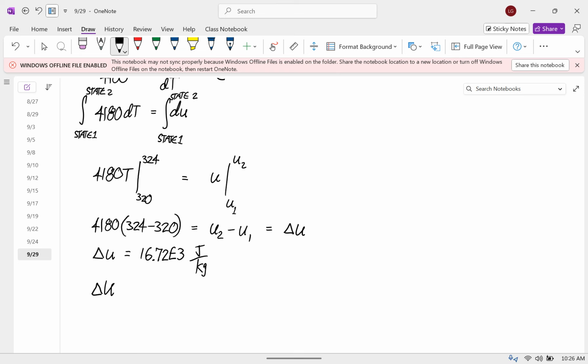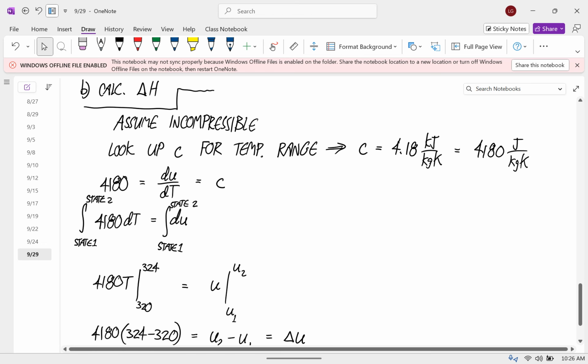So delta big U is equal to the mass times the change in delta little u. I said there was 2 kilograms of this, so we have 2 times 16.72 times 10 to the third, and we get 33.44 times 10 to the third joules. So that was part A.